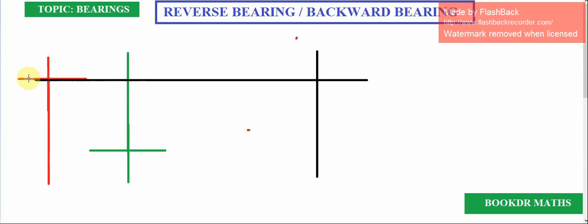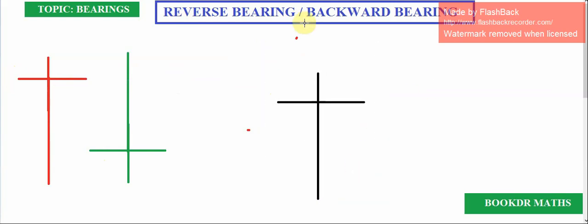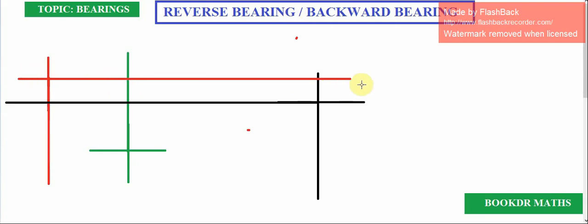I'm extending this line. Then bring this diagram a little bit so that it doesn't go to flash this one. So now let's extend this one, and then we extend the red one as well. Extend the green one as well.